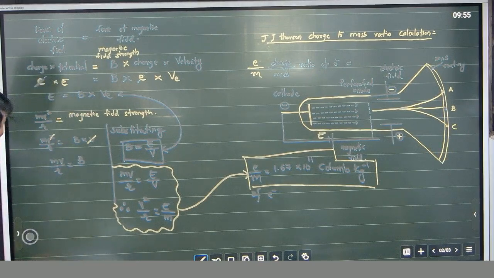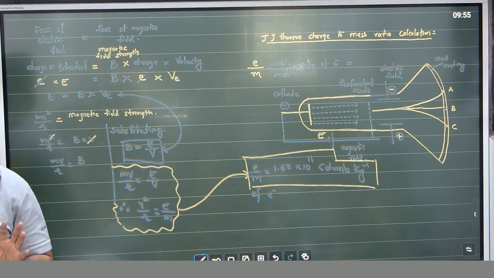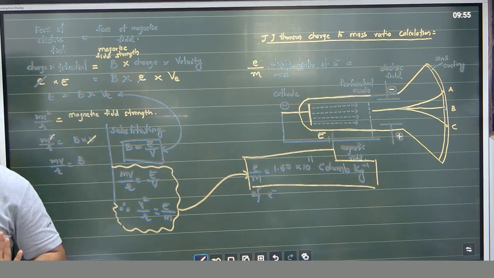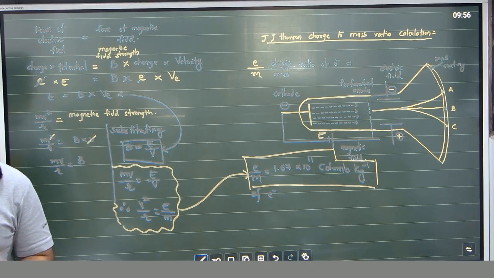Now people, this experiment was really important because, see, till electrons were discovered, it was thought that the lightest known element was the atom, and there is nothing which is lighter than the atom.